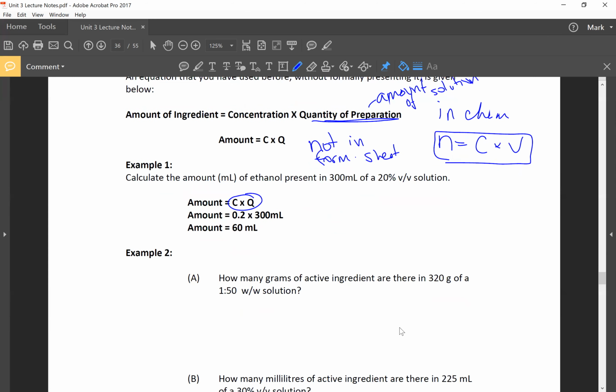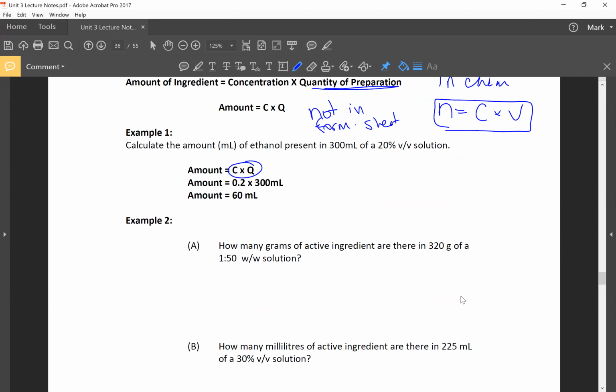Okay, so C times Q, it's 20%, so we change that to 0.2. Remember, you always change to decimals when you do this. And then you multiply it by the quantity, the amount of solution. So we have 300 mL of solution, it's 20%. That means 60 mL of it will be ethanol.